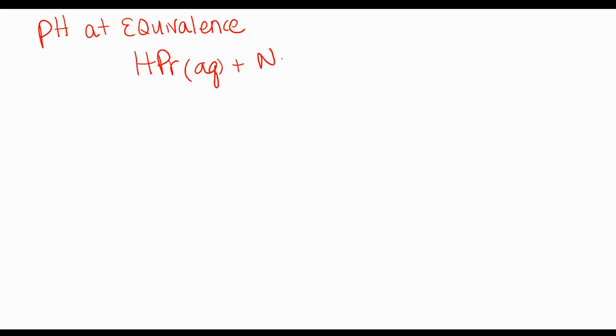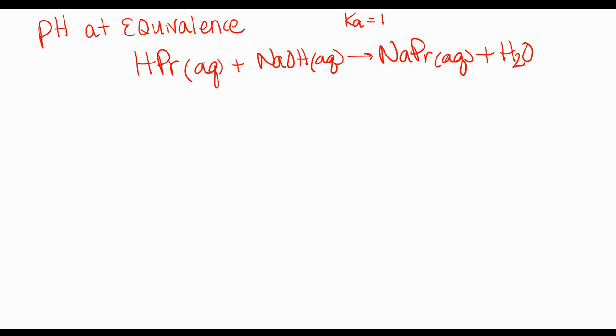So the pH at equivalence. How do we go about finding that? So we have HPr plus NaOH gives NaPr plus water. And our Ka that I was using was 1.34 times 10 to the negative 4.